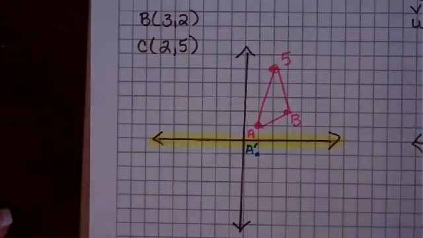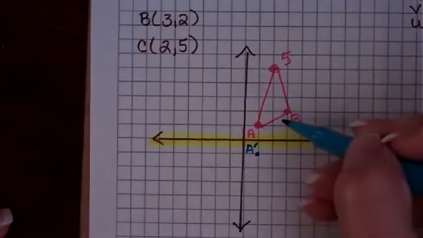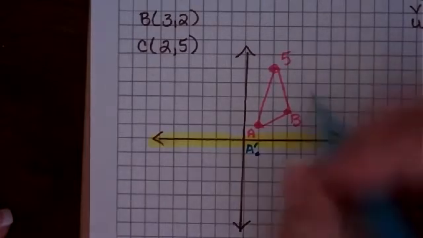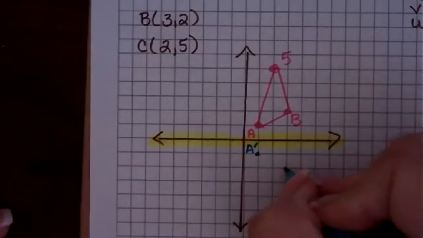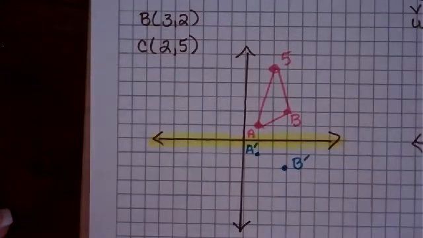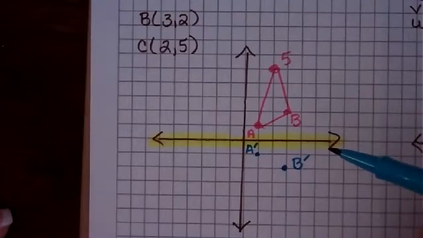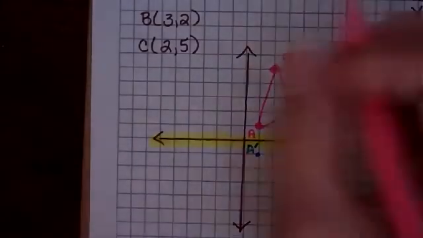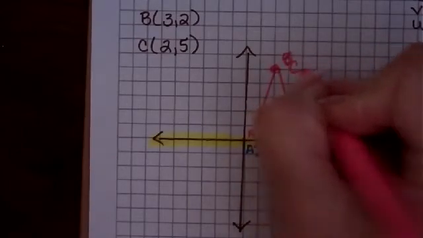If I look over here at B, we'll do the same thing. B is 2 blocks above it, so I need to be 2 blocks below it. So 1, 2 right here, and there's B prime. And then if I look at C prime up here, that's supposed to be, it doesn't look like a C right there.